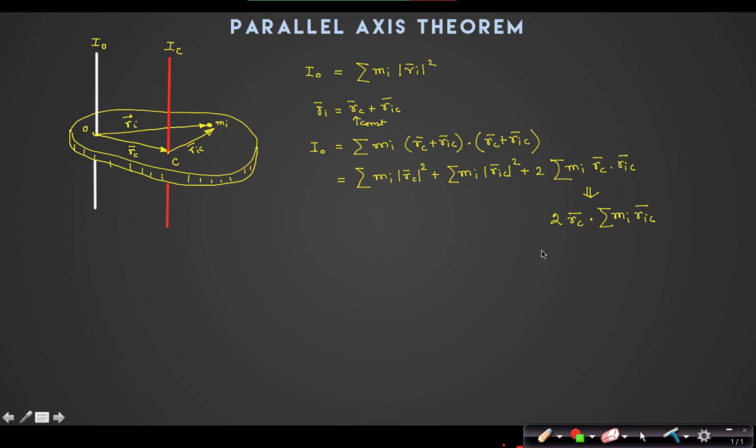Can you tell me what is summation of m_i r_i? Sir, mass moment. Yes, what is mass moment about center of mass? So what is summation of m_i r_i divided by summation of m_i? Center of mass. Do you remember this formula? It is r of center of mass, yes or no? Yes, sir.